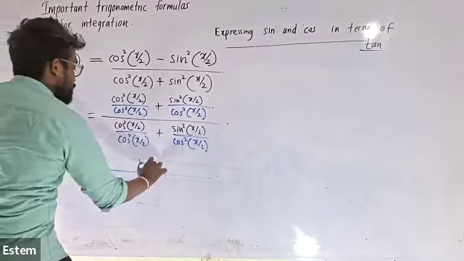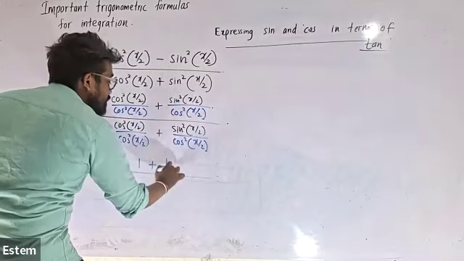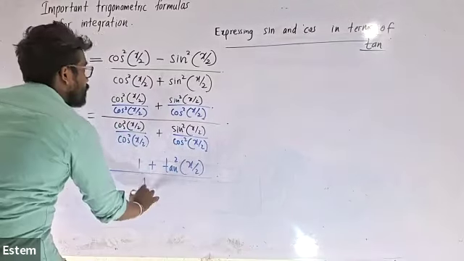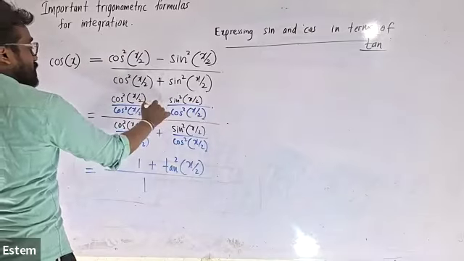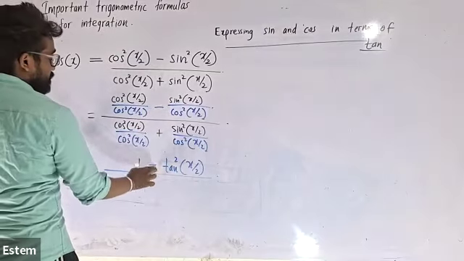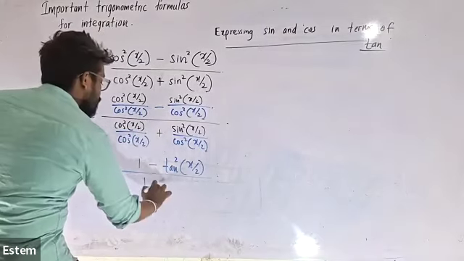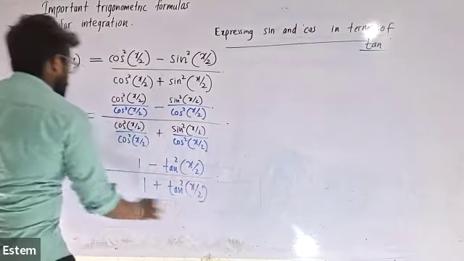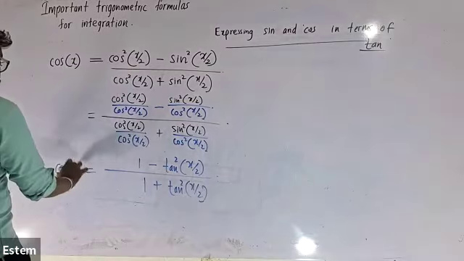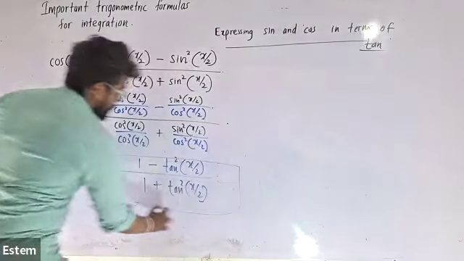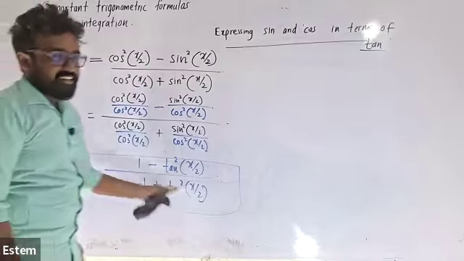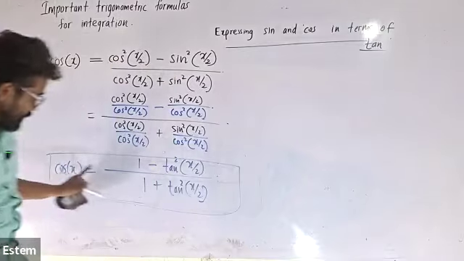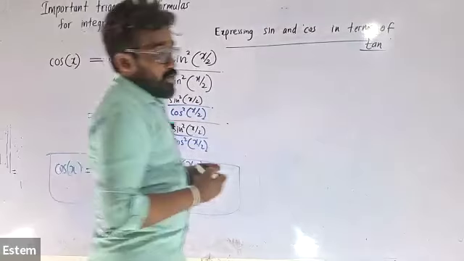This is 1, this is tan squared. Be careful, x over 2. And this is, sorry, this is minus. This is minus. Okay, I expressed cos x in terms of tan x over 2.